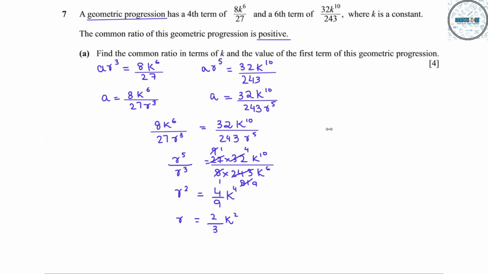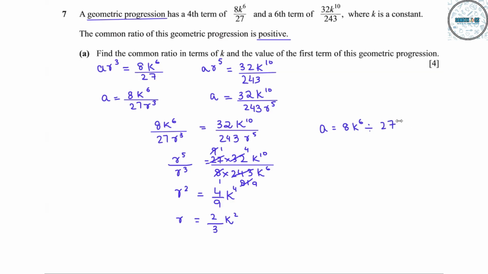For a, we will substitute the value of r into either this equation or this equation. So we will use this equation, 8k power 6 divided by 27 r cube.